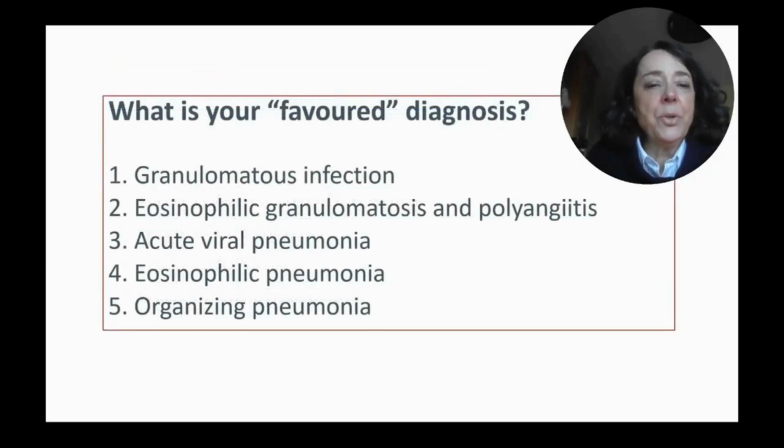And I go to the diagnosis, and in this case, it could be granulomatous infection. No, I don't see granulomas. I don't see vasculitis. It could be acute viral pneumonia. It could be, but in my thought, I can give the differential diagnosis, but I would go for eosinophilic pneumonia.